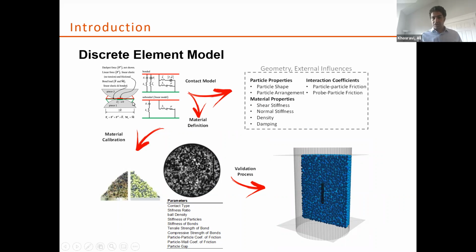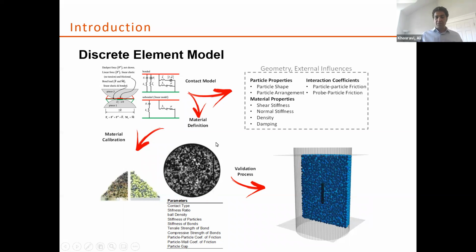You have discrete particles connected together with some simple contact models that have some properties: shear stiffness, strength parameters, density parameters, and some friction and angularity coefficients involved. Then we have material definition that is determined based on the type of sea ice we're dealing with, the arrangement.